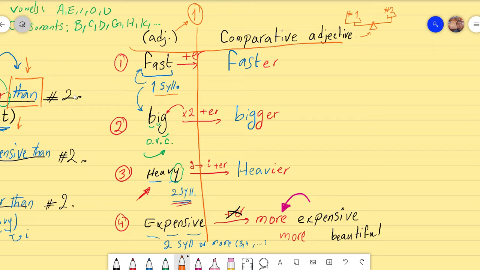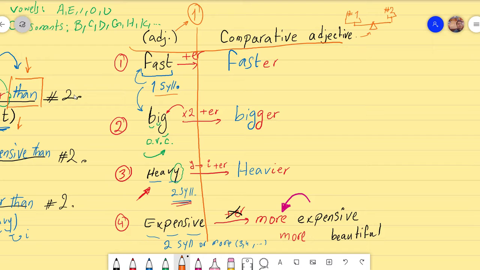The second group, we said at the end of the adjective, we have consonant, vowel, consonant. We double the last consonant and we add er, like big, bigger. The third one, we have two syllables, but at the end of the adjective, we have y. So we change y to I and we add er, heavy, heavier.